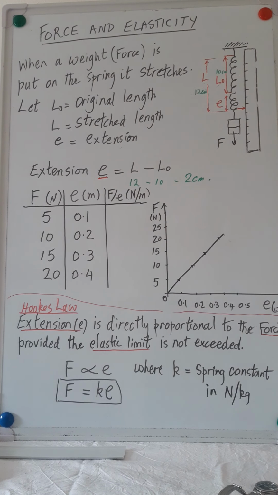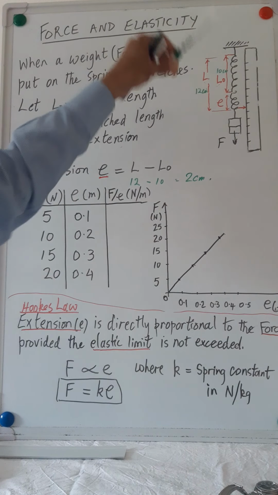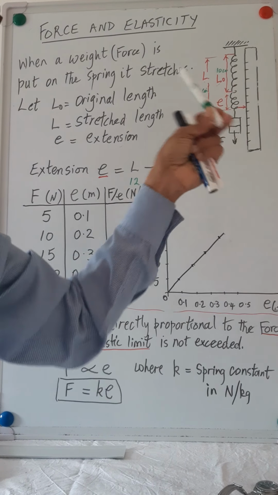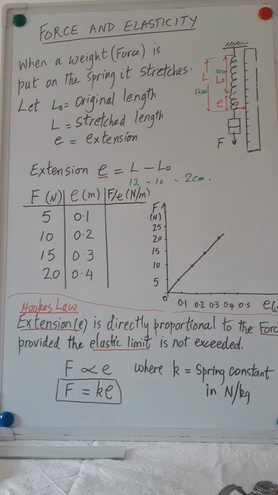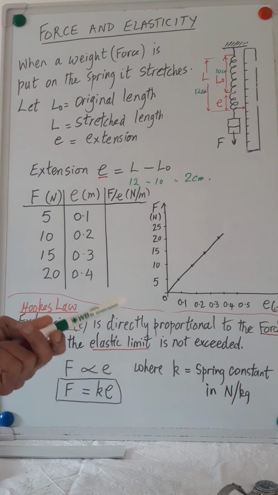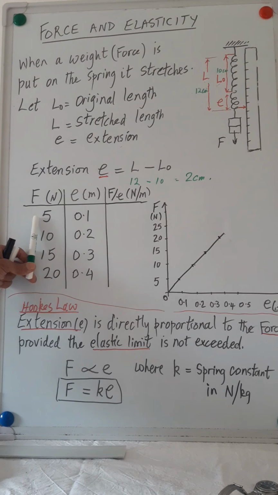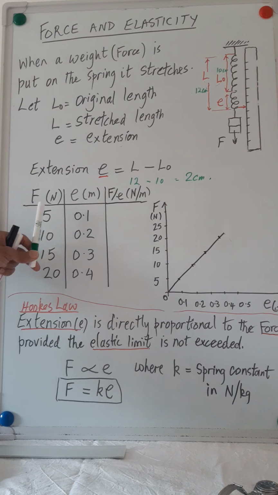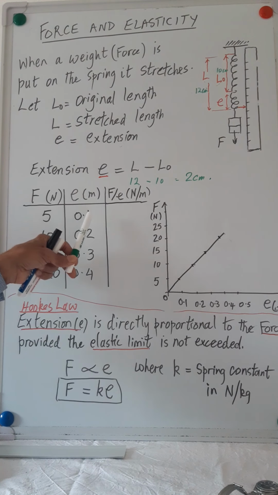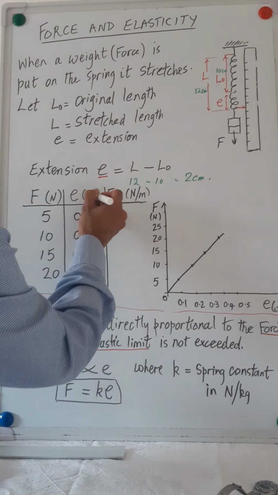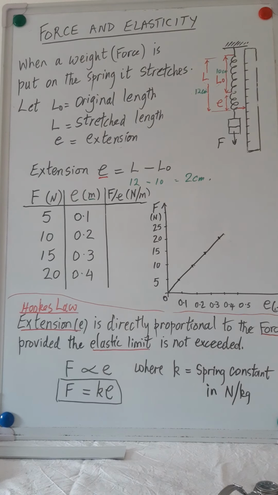Now we can do an experiment. You take a spring and you put different weights on it, and you have a scale where you can measure the extension. This is a standard experiment that we do. Suppose if I put a weight of 5 Newton, the spring stretches by 0.1 meter. Now we're going to use meters and Newton, which are the SI units.